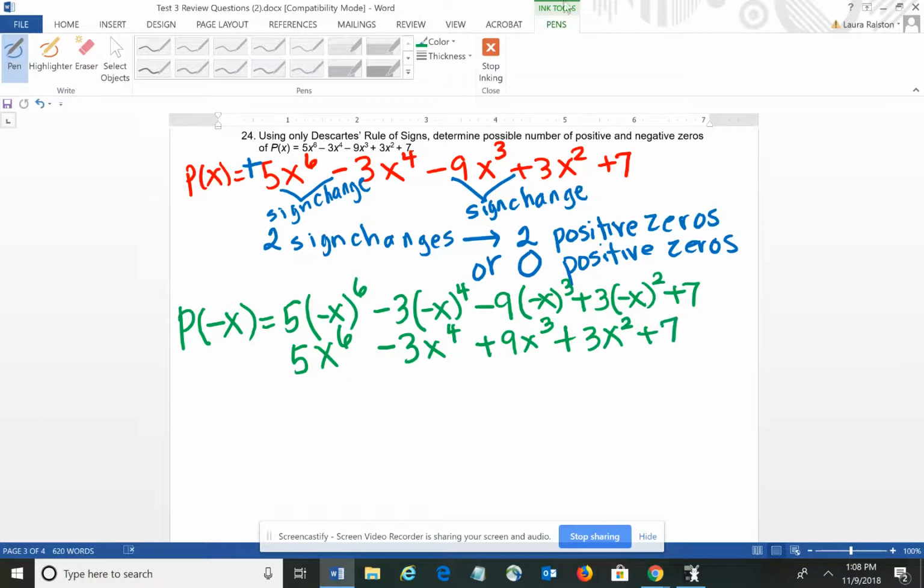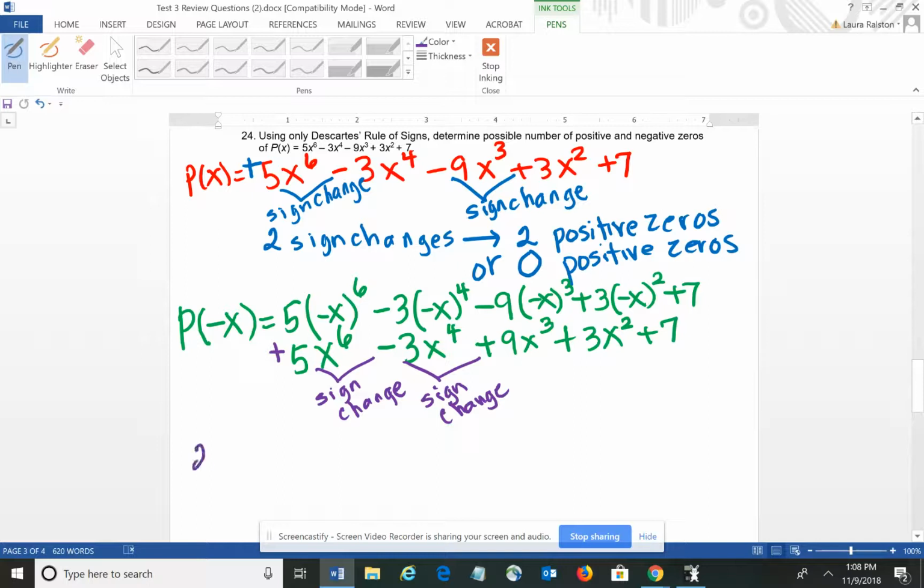Once you get that calculated, again, what you need to do at that point is to count the sign changes. Again, remember that the sign in front of the 5 is a positive. It's understood. So from positive to negative, there's a sign change. From negative to positive, there's another sign change. Then it goes positive to positive, no sign change. Positive to positive, no sign change.